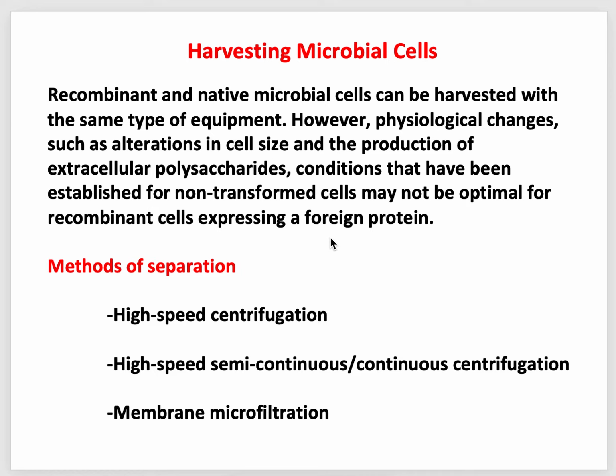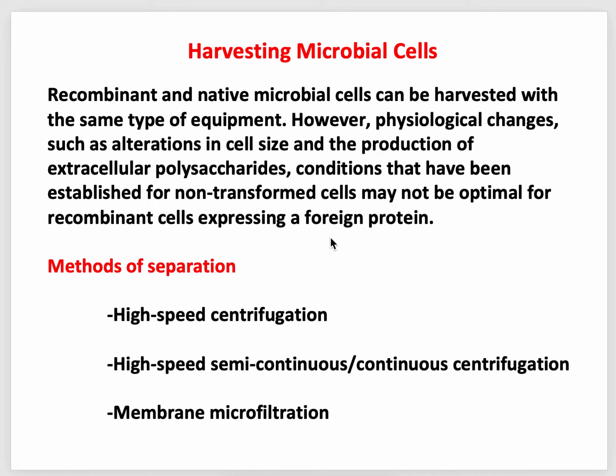Okay, and there are different methods to harvest or separate the microbial cells from the liquid part, such as high speed centrifugation, high speed semi-continuous or continuous centrifugation, and membrane microfiltration. So let's say high speed centrifugation.